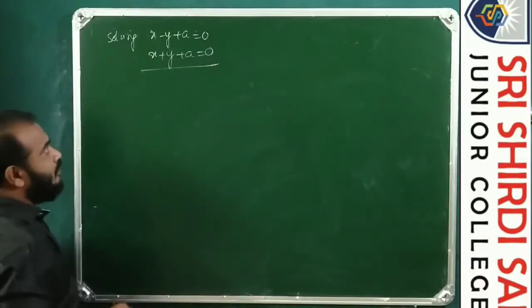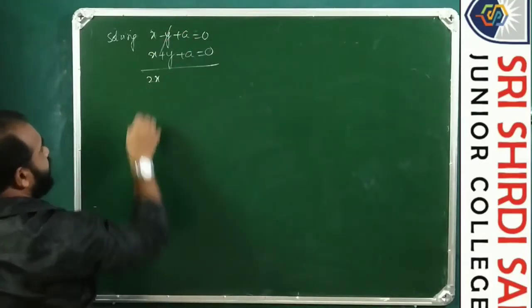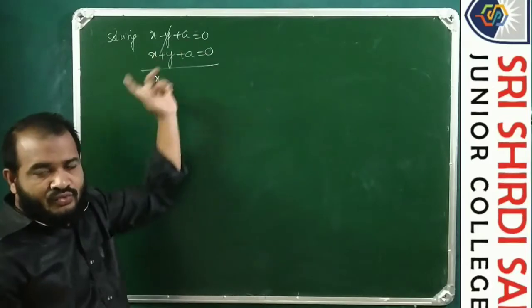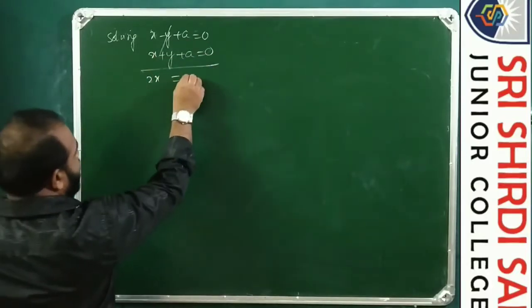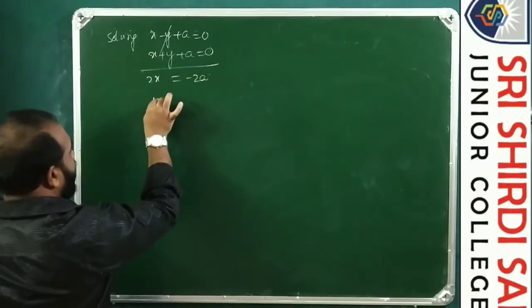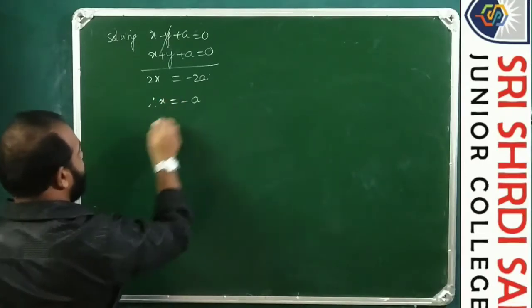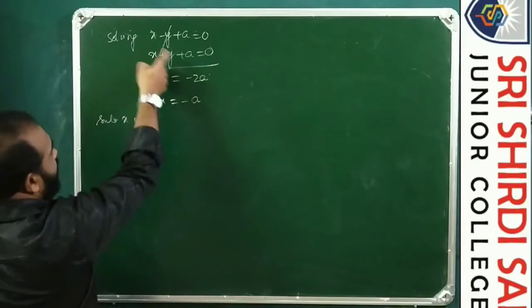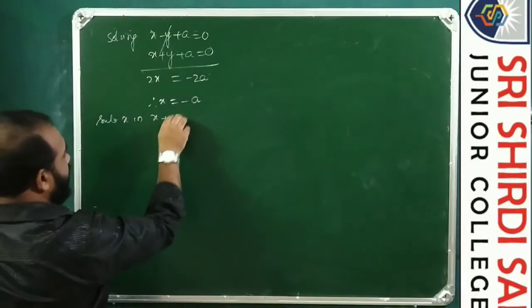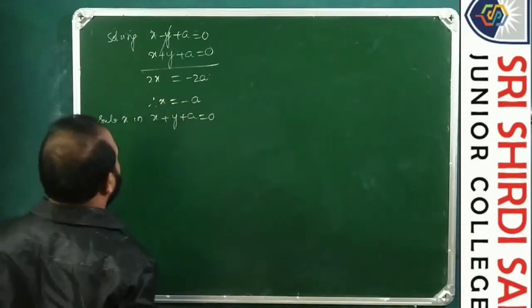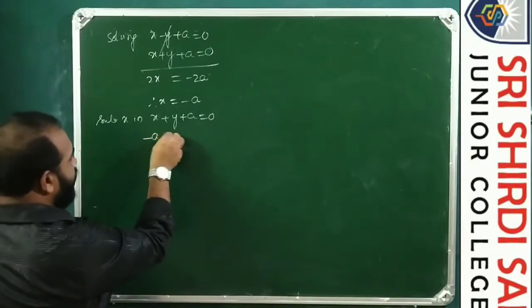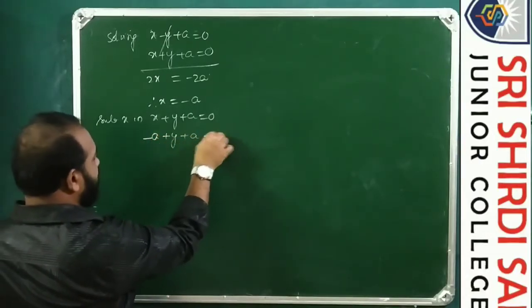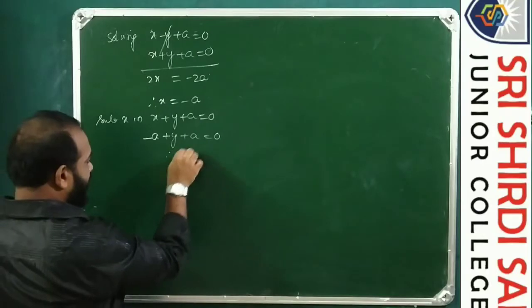So subtracting, 2x, a plus a is 2a, this is equal to minus 2a. Therefore, x is equal to minus a. Substituting x in any one of these equations, x plus y plus a equals 0, minus a plus y plus a equals 0. Therefore, y equals 0.